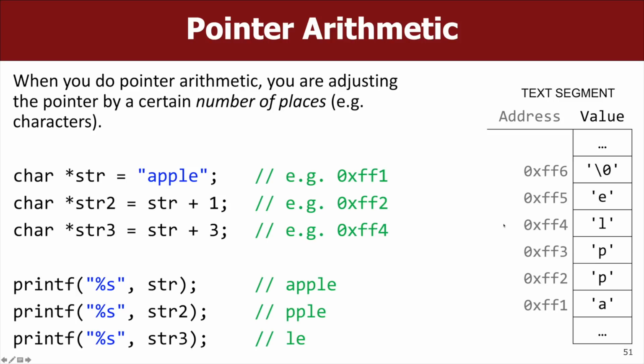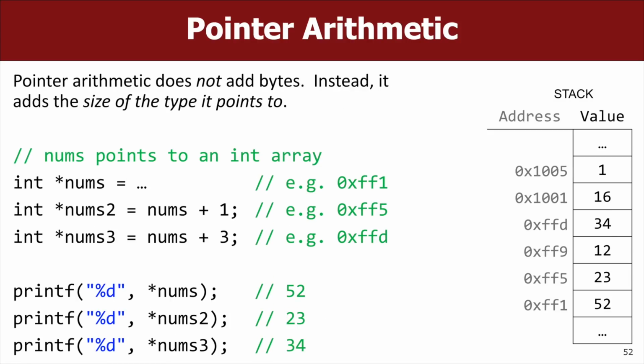So this is what the pointer arithmetic is doing. Now it's important to stress, and we'll talk about this in future lectures as well, that you're not adding 1 byte or 3 bytes all the time here. What do I mean by this? Well, let's take a look at an array of ints. We haven't talked much about int arrays, but it turns out that they work exactly the same as char arrays. If I have an array of ints and I have nums pointing to the start of that array, which would be 0xff1, you'll notice I can say nums2 equals nums plus 1. Again, what this means is I want nums2 to point to the next entry after nums. Now the next entry after nums, it turns out, is at 0xff5.